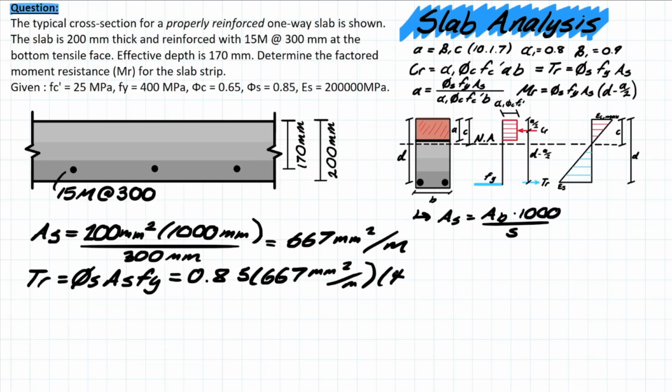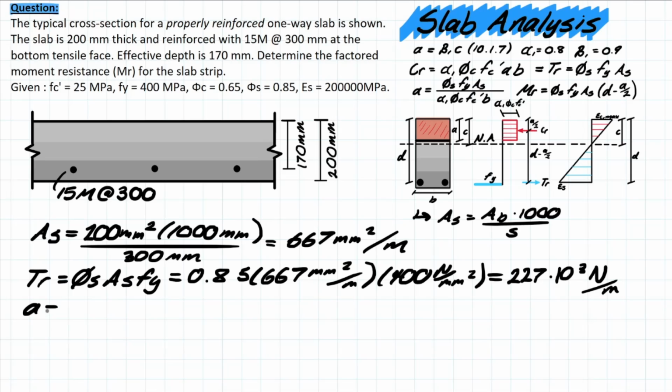That's fy for a properly reinforced segment of 400 Newtons per millimeter squared. And then simplifying this, you'll be left with a value of 227 times 10 to the 3 newtons per meter once again. So every per meter segment, we have a tensile resistance of 227 times 10 to the 3 Newtons per meter, right?